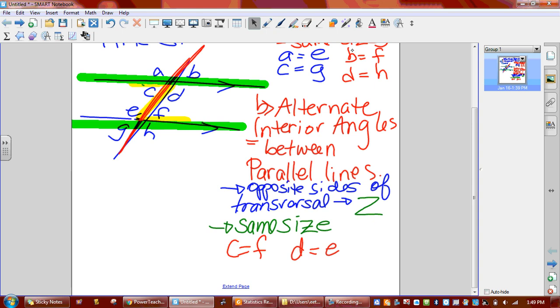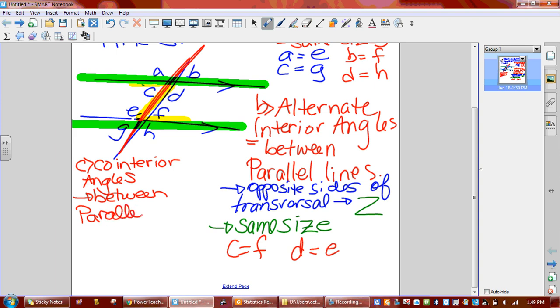Then we need to do a co-interior. So, letter C is called the co-interiors. Co-interior angles. They're also between parallel lines.